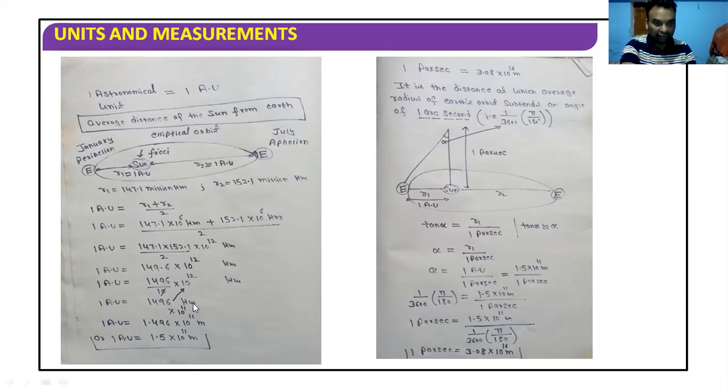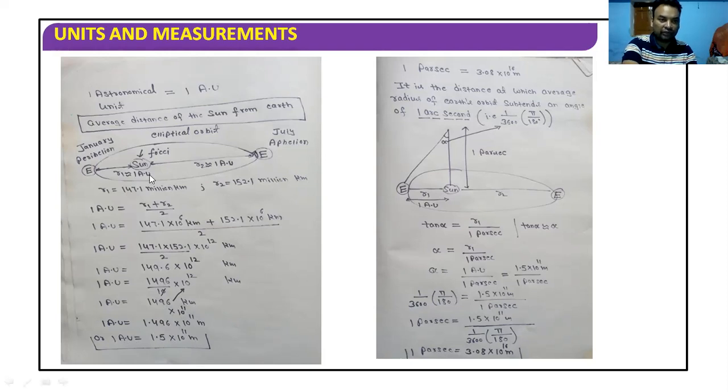So finally, when kilometer is converted into meter, we get 1.496 into 10 to the power 11 meter. If we take the round figure, it can be written as 1.5 into 10 raised to the power 11 meter. So how to define one astronomical unit? One astronomical unit is 1.5 into 10 raised to the power 11 meter.